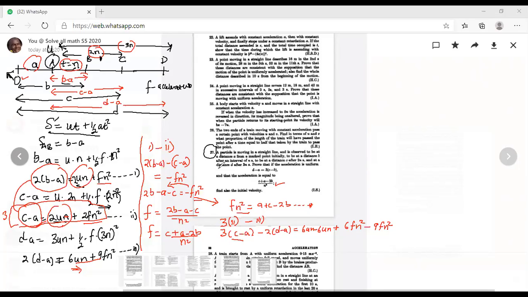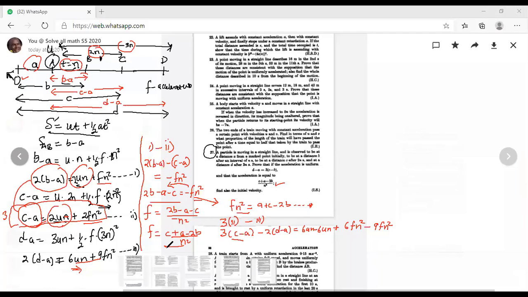Excuse me, sir. Yes, please. I would like you to back up a little bit after solving equations 1 and 2. Here, the last equation, sir.